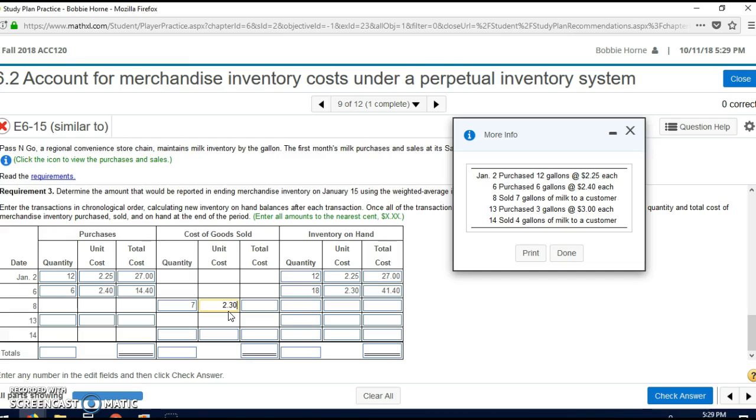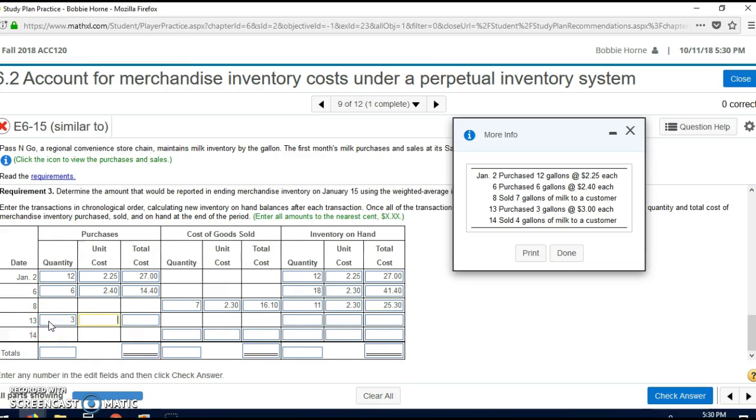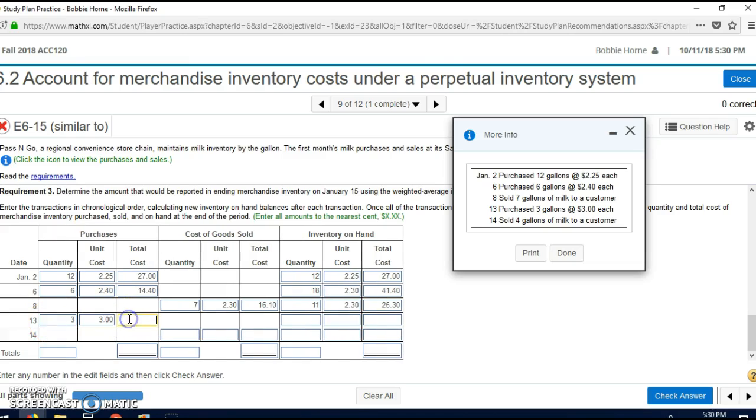So 7 times $2.30 would be $16.10. And we sold 7, so we have 11 left at $2.30. So 11 times $2.30 would be $25.30. Then on the 13th, we purchased 3 gallons at $3, so that would be $9.